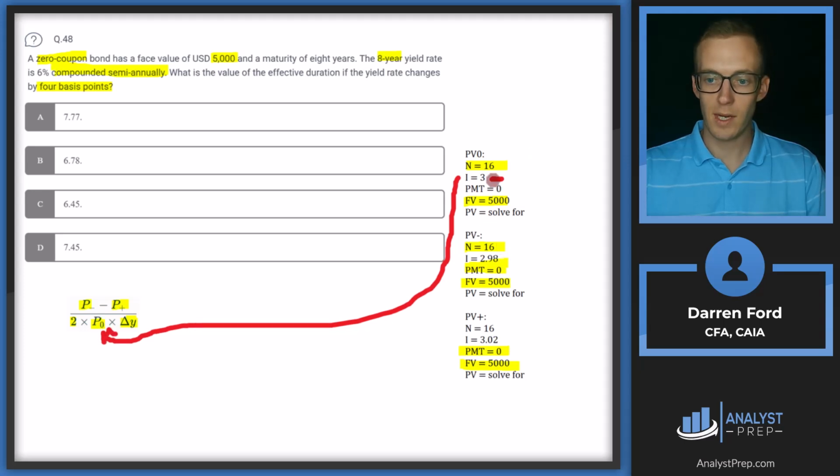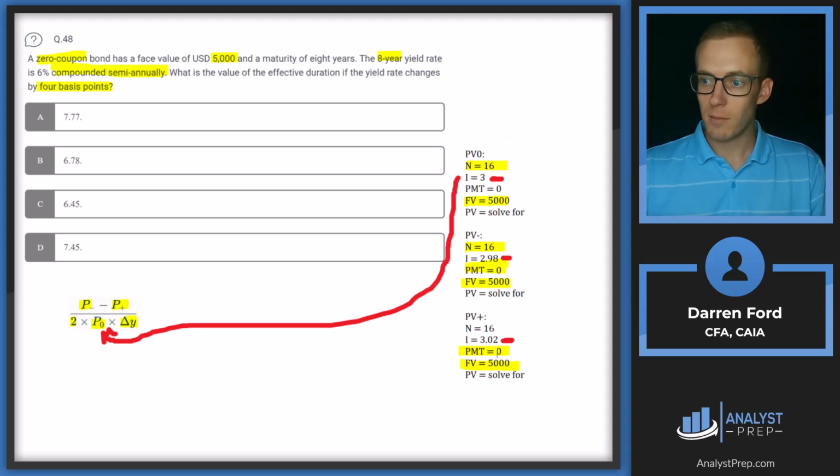And then all we need to do is change the I value for PV minus and PV plus. Notice for the I value though, we're only changing it by 2 basis points since this is compounded semi-annually. So the PV minus rate would be 5.96. Since we're changing it by 4 basis points, divide that by 2 gives us 2.98. And then same thing down here. Increasing by 4 basis points, we'd be at 6.04. Divide that by 2, we get 3.02.